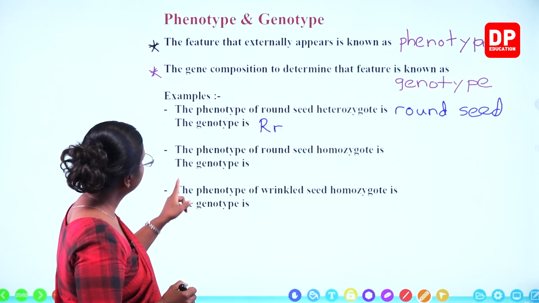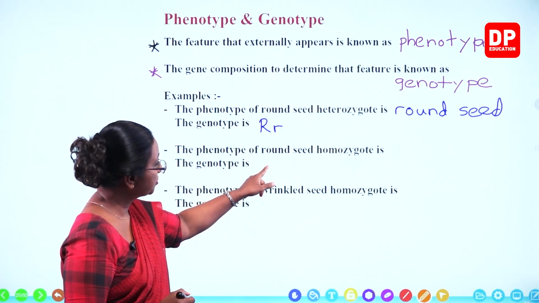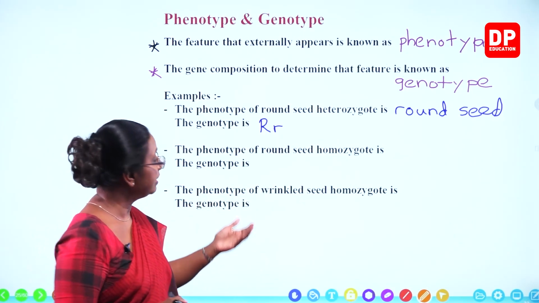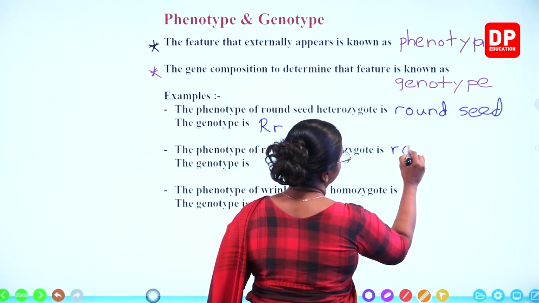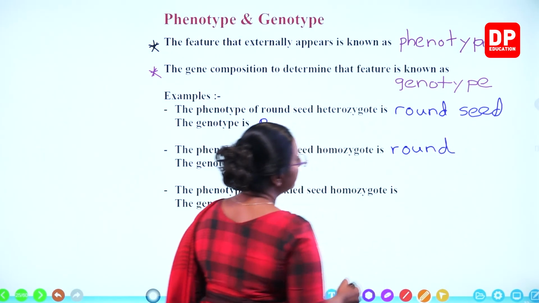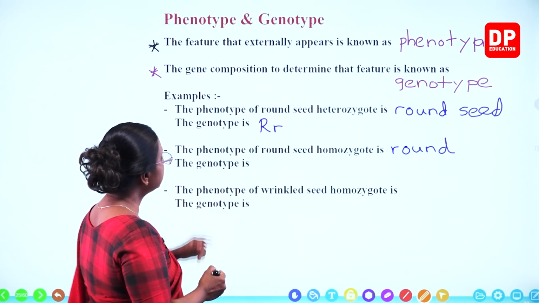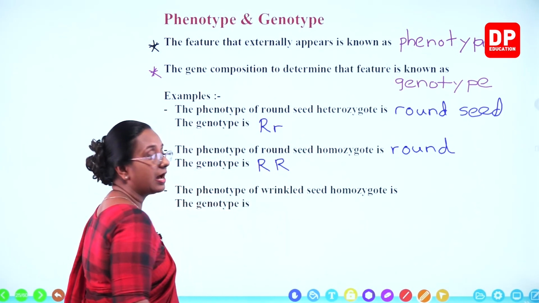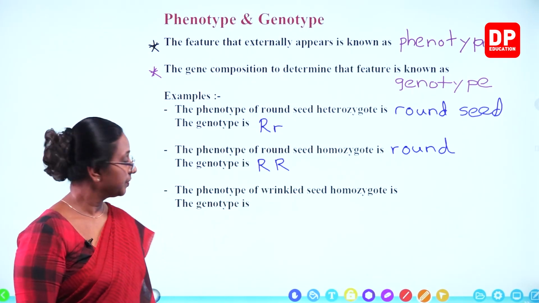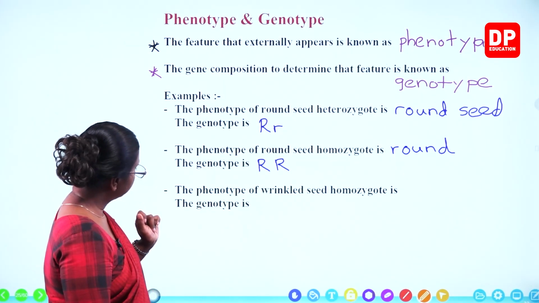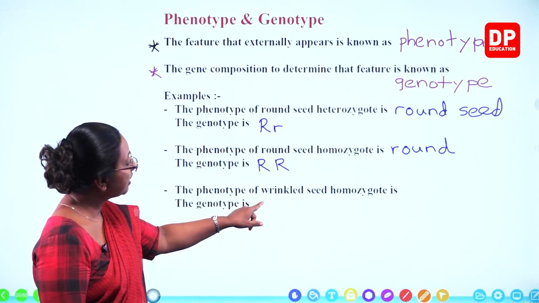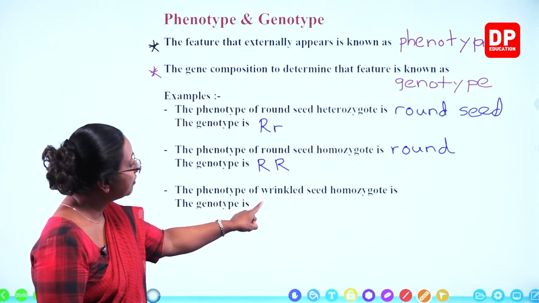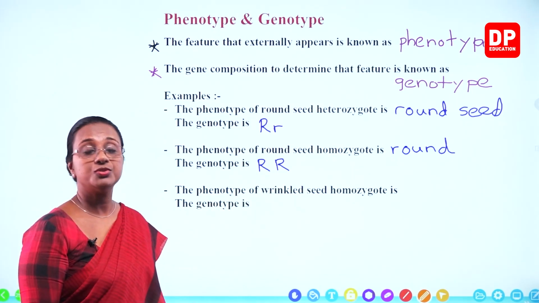Then the second one: the phenotype of round seed homozygotes. Again, phenotype of round seed means this is also round. That is going to be the phenotype. And the genotype, since it is a homozygote, will be capital R, capital R. The third one, the phenotype of wrinkled seed homozygote.